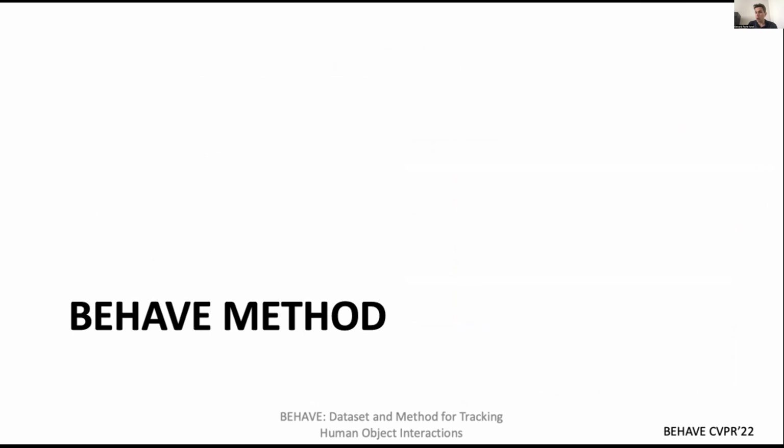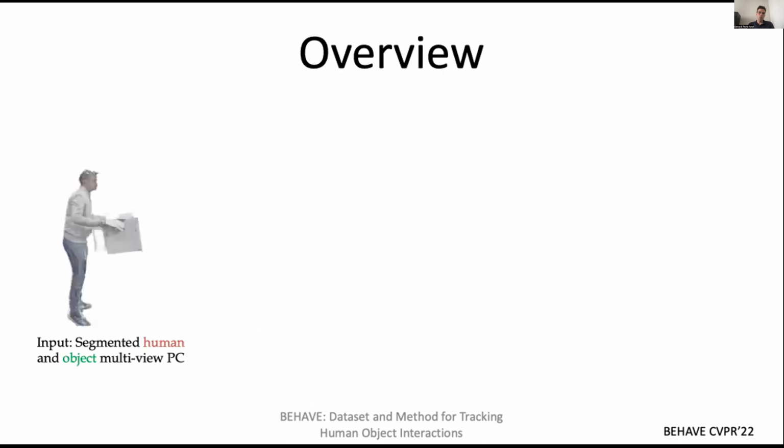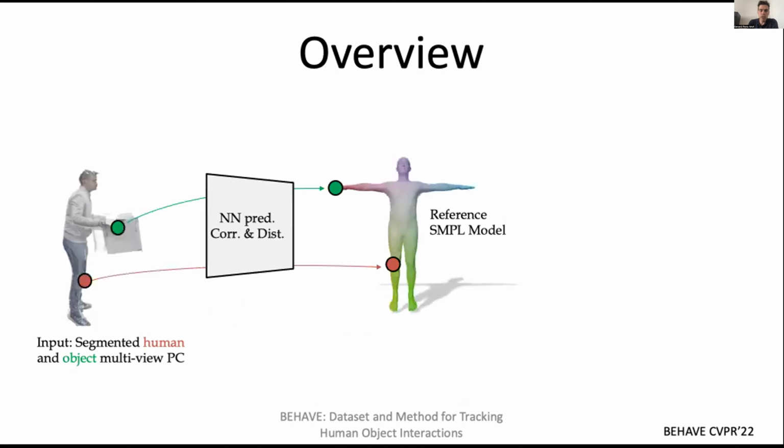It is basically a way to automate this sophisticated optimization pipeline that I just described. Taking the input point cloud, which is coming from the Kinects, we assume a segmented human and object. And essentially, we train a neural network that predicts the distance field of the object, the distance field of the human, as well as correspondences from this input point cloud to the human model.